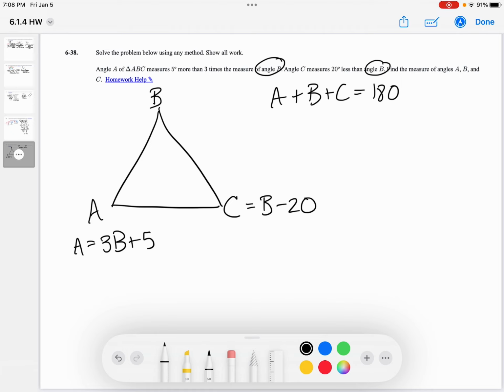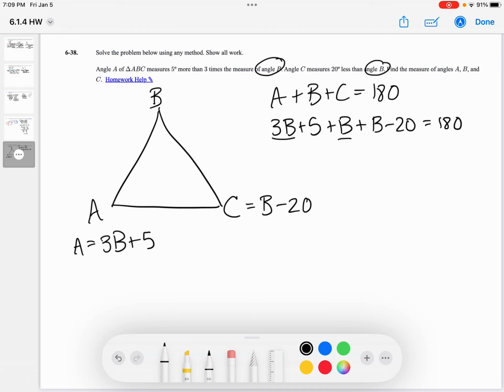Okay, so I could put everything in terms of B. I could say A is 3b plus 5, plus b, and then c is b minus 20. Okay, so let's combine like terms here.